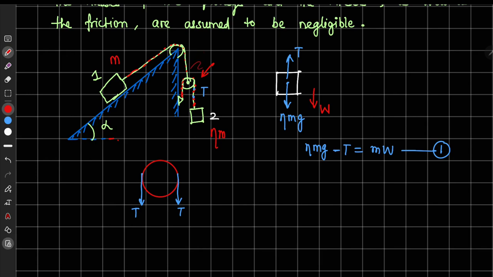Now let us assume that at every point on this other thread we have the tension force T1, so we will have T1 in the upward direction. As the mass of the pulley is negligible, we can just balance the forces in this direction, and we can write T1 is equal to 2T. Let us say this is our second equation.